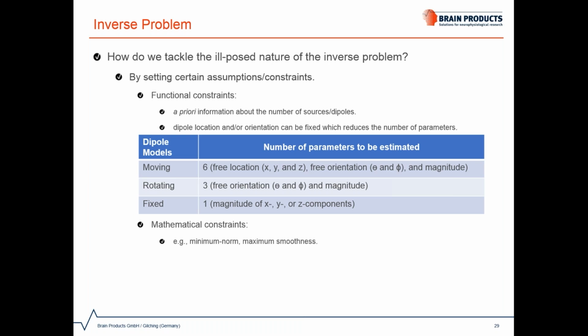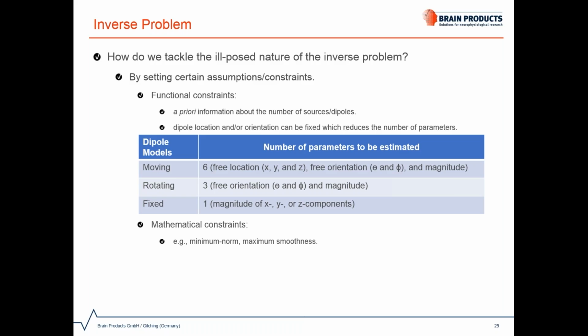The other constraint is known as mathematical constraints, where you can set constraints on the mathematical equations. For example, minimum norm is one of the mathematical constraints that minimizes the differences between the true source and the estimated source, and it searches for the solution with a minimum power. The search for the solution with a minimum power from all the possible solutions is a constraint that warrants a unique solution.